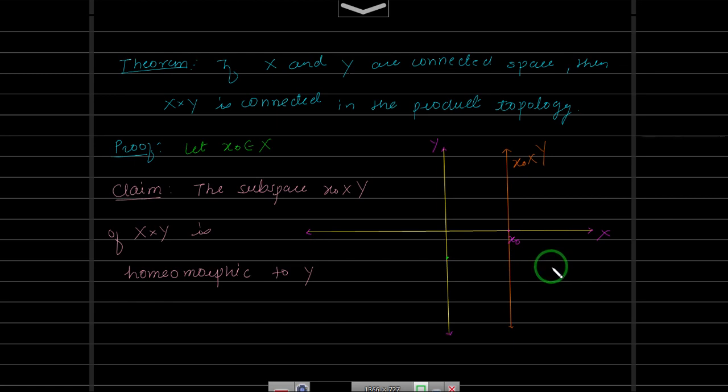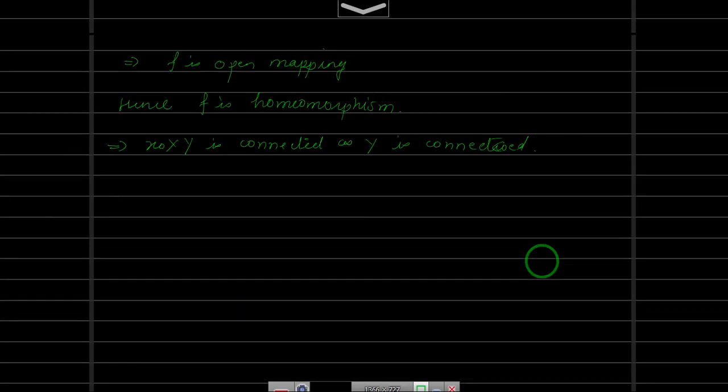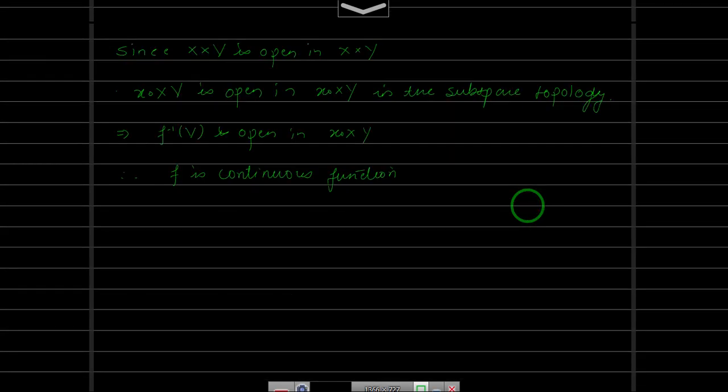So let us keep this as an exercise also. Let me write directly. Similarly, X cross small y is a connected subset of X cross Y for all y in Y. So if you take any point in Y, then what is X cross y?